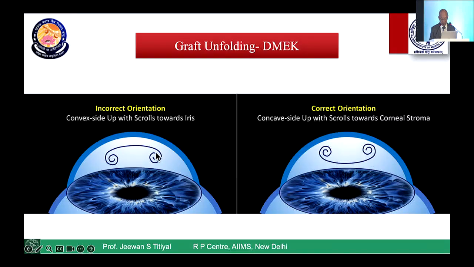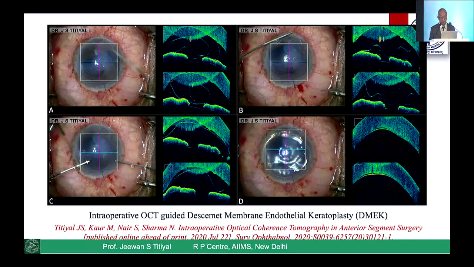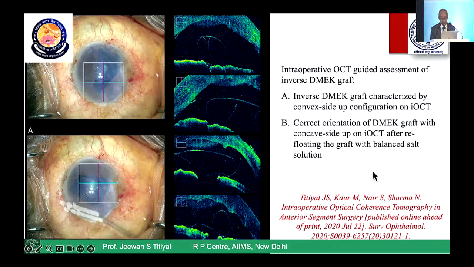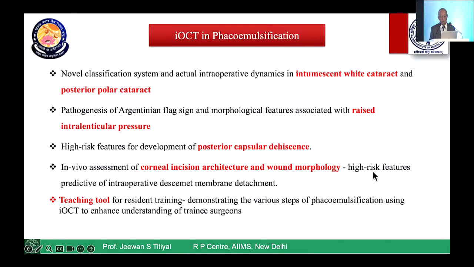This is the incorrect orientation, and you could flip the DMEK roll to get into the correct position. This is what you see, the graft orientation. Subsequently flatten that, then bubble, attach it anteriorly, and the entire surgery can be done effectively also. In fact, if you have a hazy media also, this gives you a possibility to see what is happening inside the anterior chamber, especially for DMEK surgeries also.